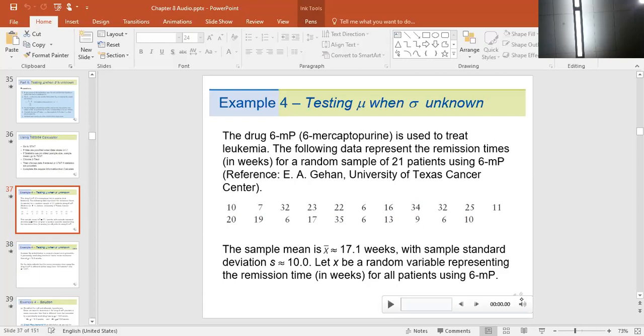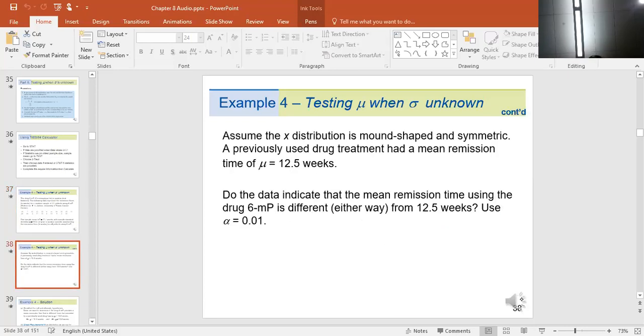So what is the p-value? 0.048. Do you remember what alpha was here? 0.01. So this is P. What should be our decision?